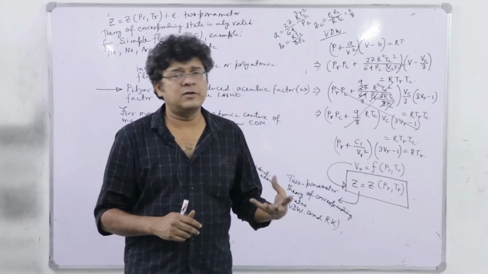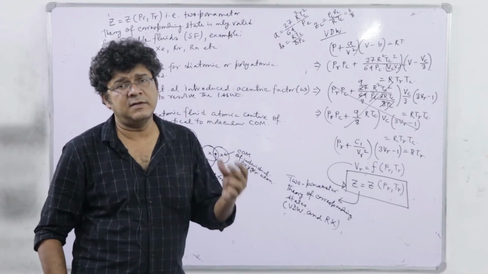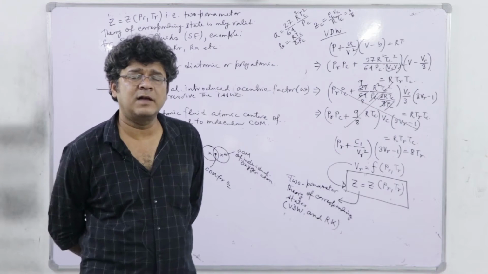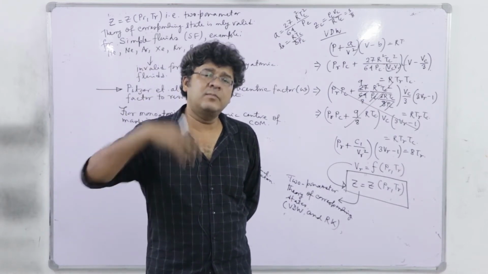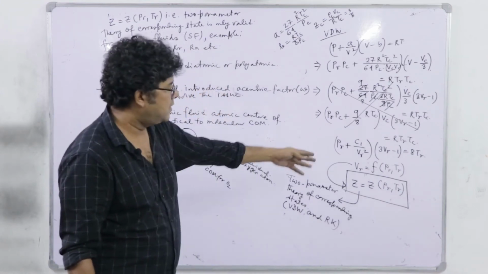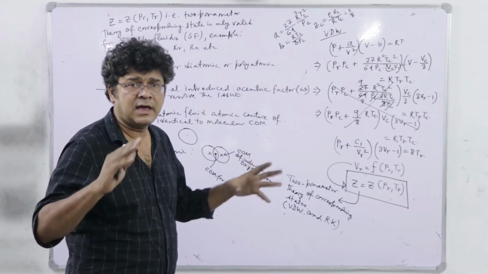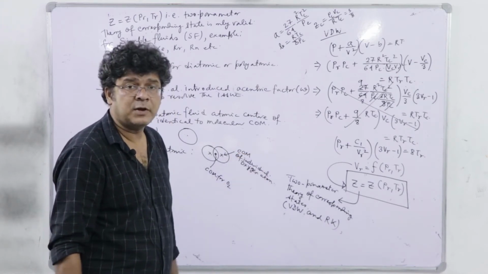So, they thought that because of this molecular level deviation of the molecular center of mass from the individual atomic centers of mass, there is some reflection in the macroscopic property. That is, it cannot follow this two-parameter theory of corresponding states.